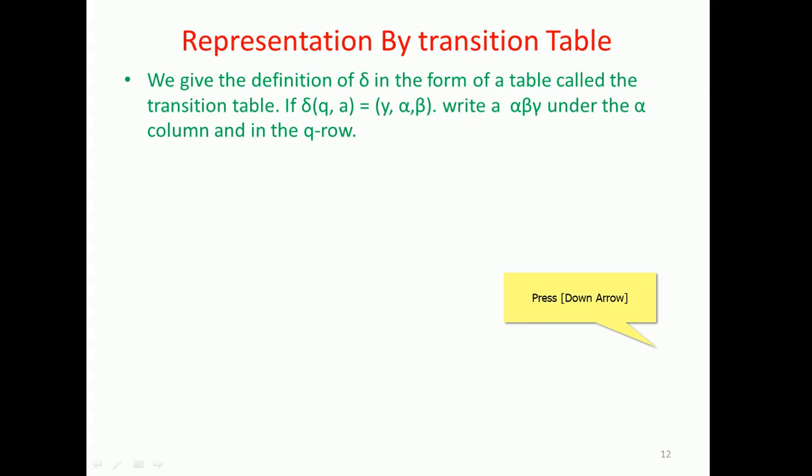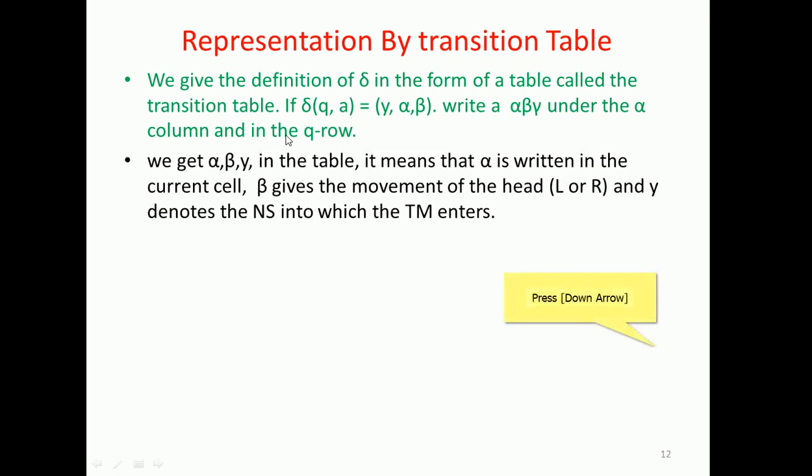If delta of q comma a is equal to gamma alpha beta, then write alpha beta gamma under the a column and q row. That is the transition table, so we get alpha beta gamma in the table.